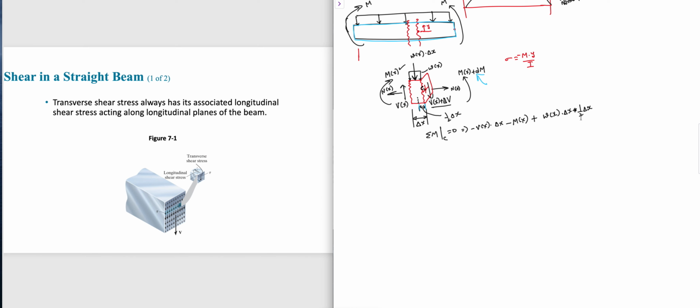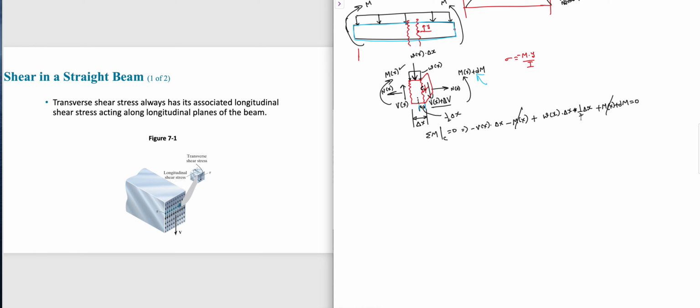So that means I'm going to write it as plus M plus dM is 0. By the way, I have to write it not as M plus dM, I have to write it as M of x plus dM is equal to 0. Okay. So negative M of x, positive M of x cancelled out.